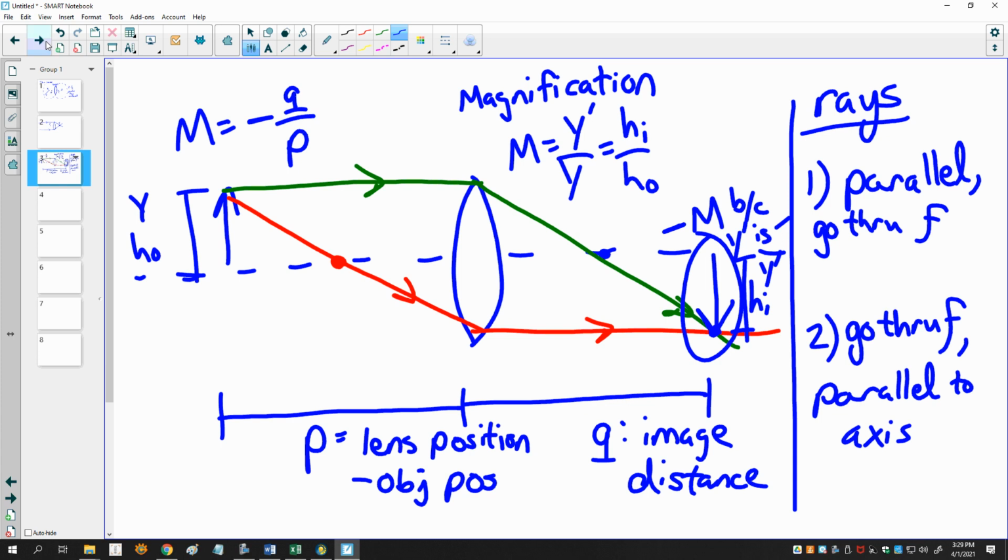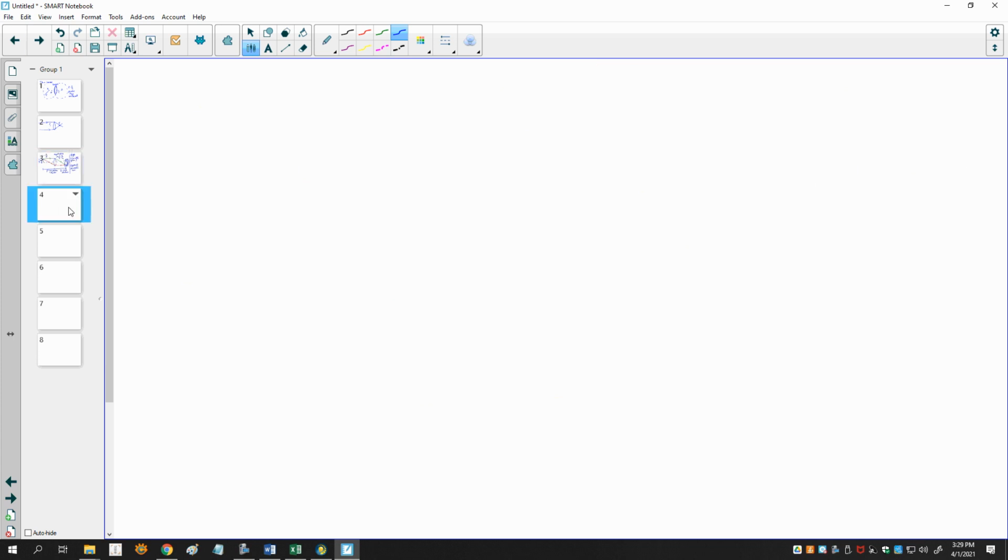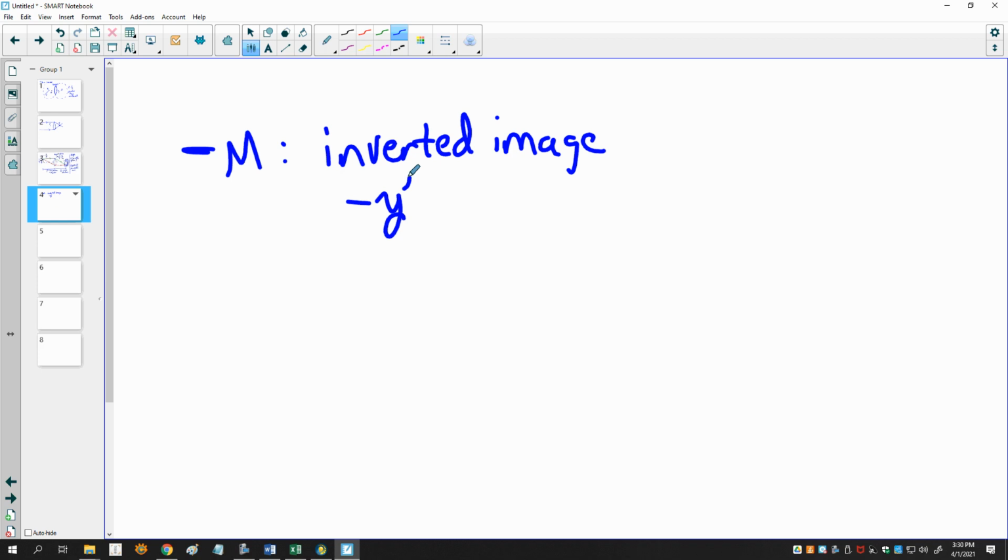So again, let me just say this regarding magnification. If magnification is negative, that means that the image is inverted. Mathematically, that works out because your y prime value, or the height of your image, has a negative value.